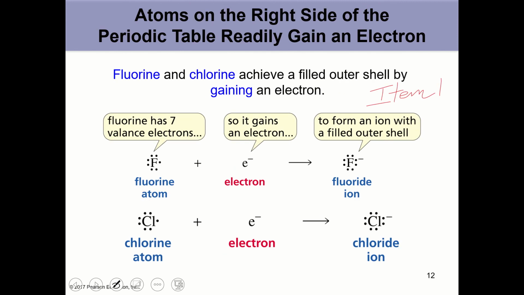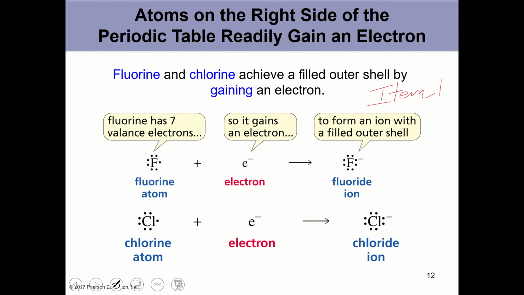Anions are formed from nonmetals, and the nonmetals are on the right side of the periodic table. And so it is closer for a nonmetal to gain electrons to become like the noble gas than it is to lose electrons. So fluorine can either lose 7 electrons or it can gain 1. Gaining 1 electron is easier.